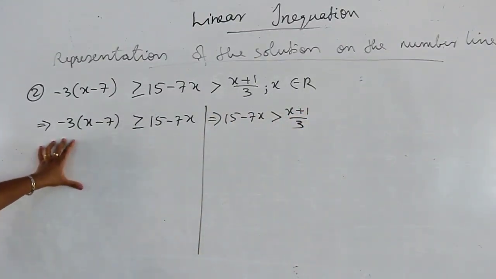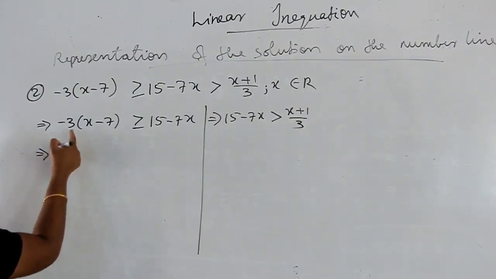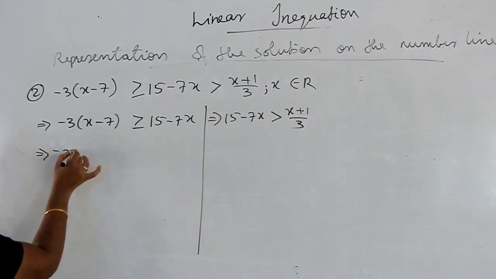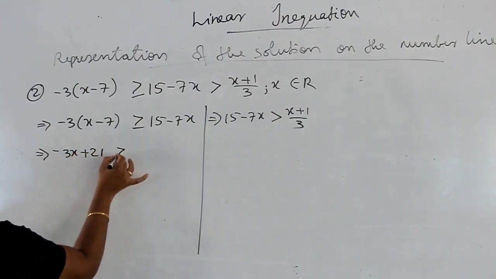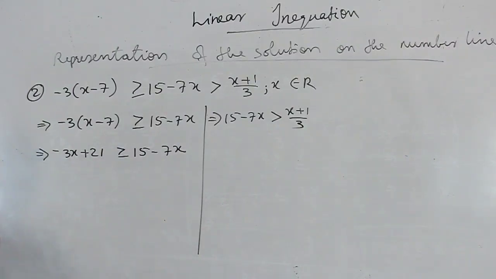Here we can remove this bracket. Left side bracket we can remove, multiply with minus 3. Minus 3x plus 21 greater than or equal to 15 minus 7x. Next, keep all the variables on one side.